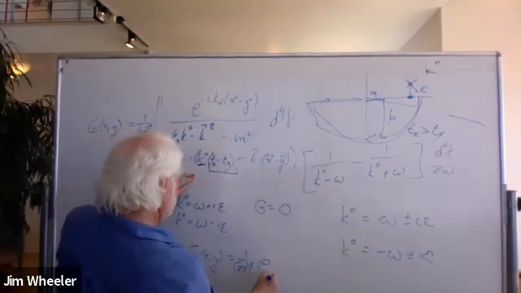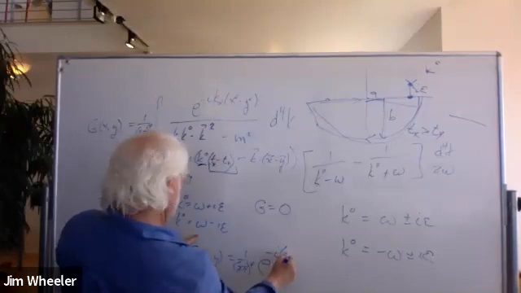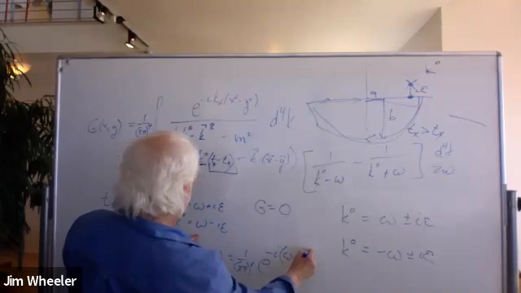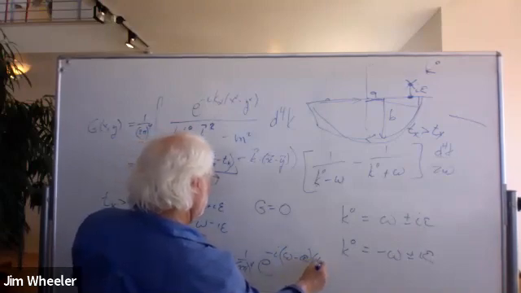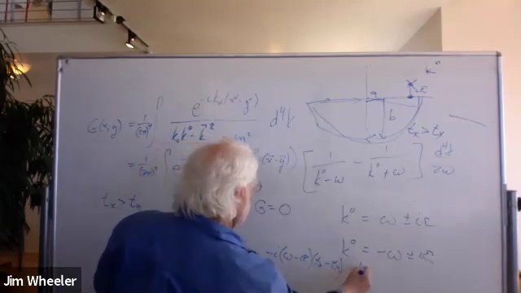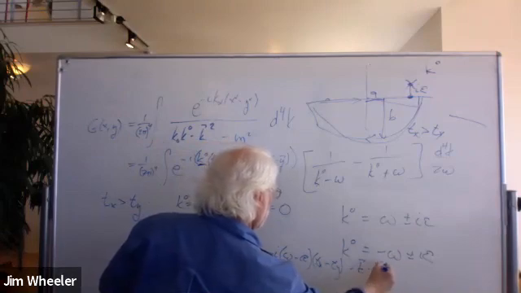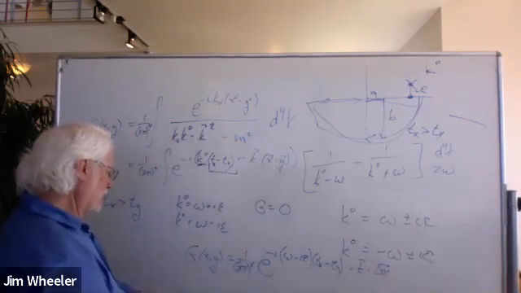So we have e to the minus i, k naught is omega minus i epsilon, t_x minus t_y, minus k dot, let me just call that delta x vector, just to keep this a little shorter.